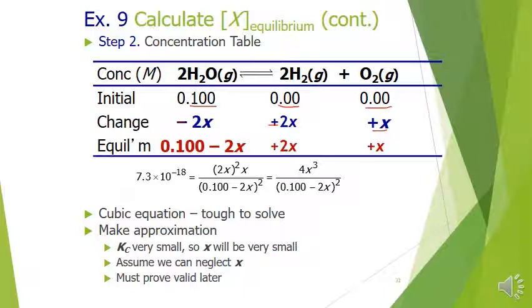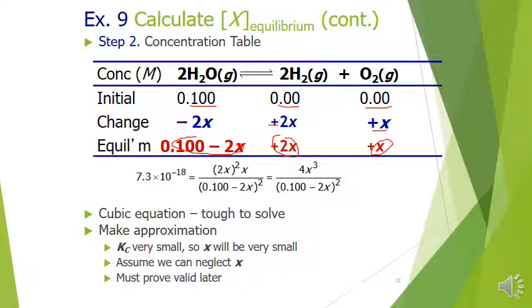All right, and then what we do is we plug everything in. It's H2 squared times the O2, so it's going to be 2x squared times x, from the equilibrium, times this squared.